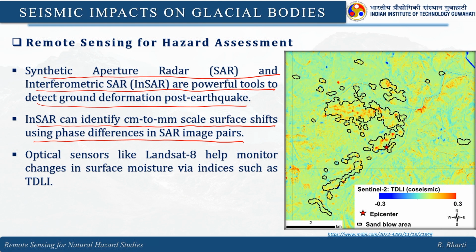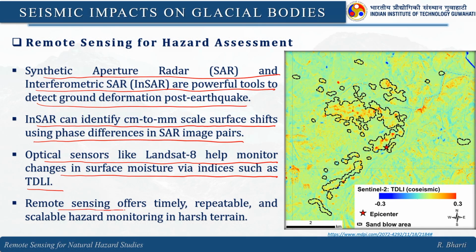So, two images captured from two different locations. Optical sensors like Landsat 8 help to monitor changes in surface moisture via indices such as TDLI, that can be used, and we can identify how a particular area is behaving when we are having a seismic event.